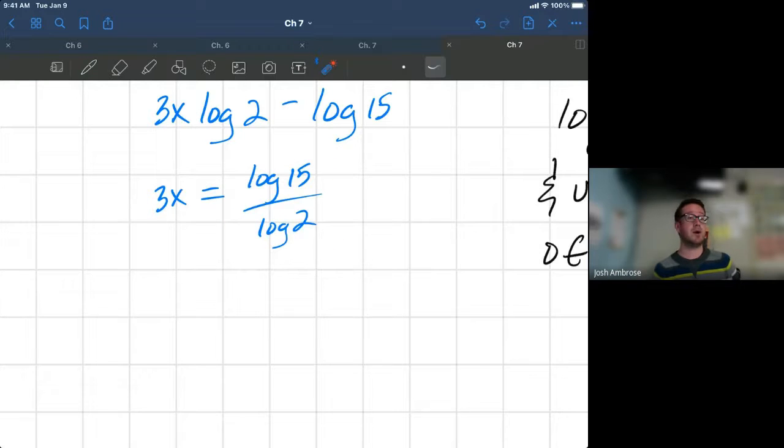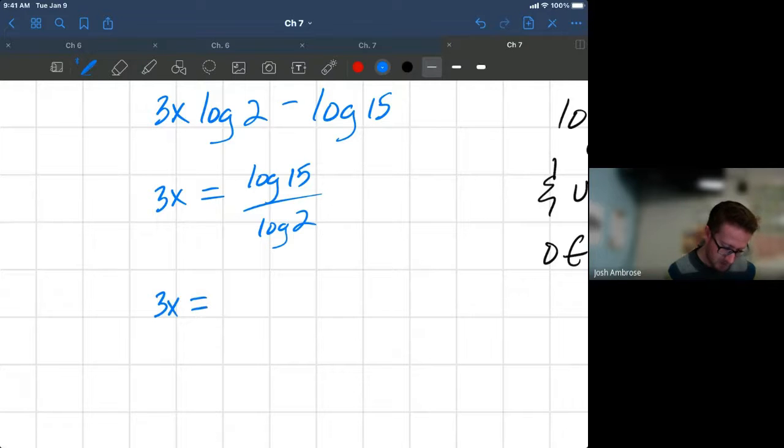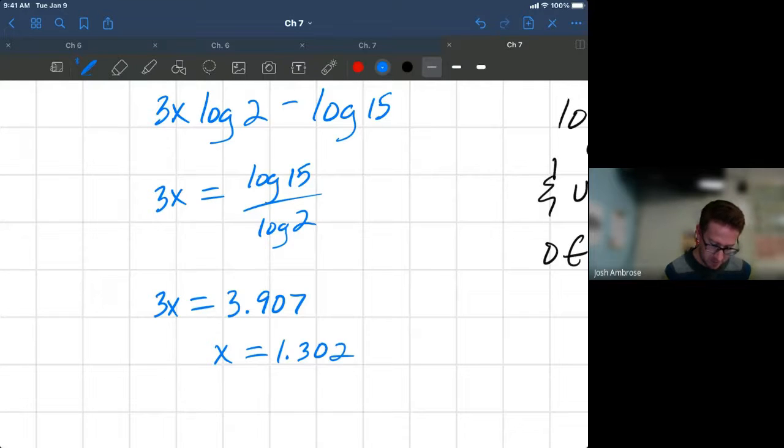They're both log base 10s, so the calculator will solve this part right here for you. So you need to simplify that using the calculator. So you're going to get 3x equals, you simplify that down to 3.907, and then we can solve for x from here and get 1.302 right there.